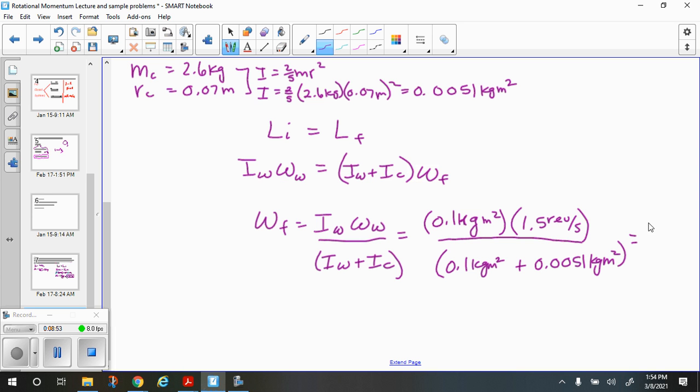And so we get 1.43 revolutions per second. So it doesn't slow down much, but it does slow down a little bit. We should double check that we're getting a slower angular velocity, which makes sense because we have a higher moment of inertia now. All right, that's all.